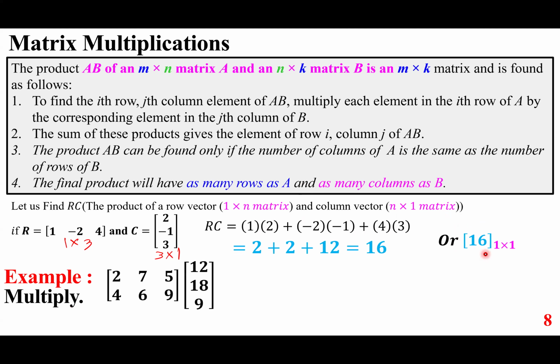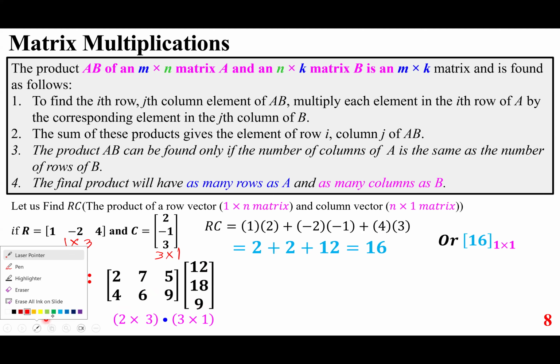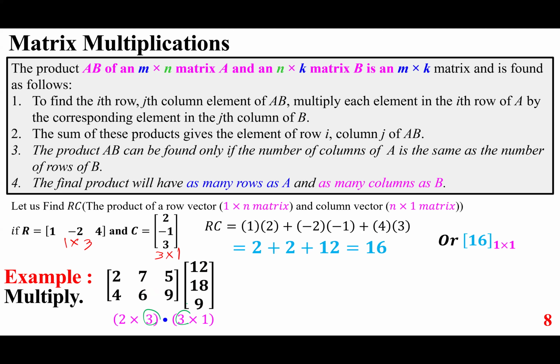What about this one? Always start with the size, because it may or may not be doable. What is the size here? 2 rows, 3 columns. This is 2 by 3. This is 3 by 1. When we multiply, because these two are identical, we can do them, and the result will be a 2 by 1 matrix.